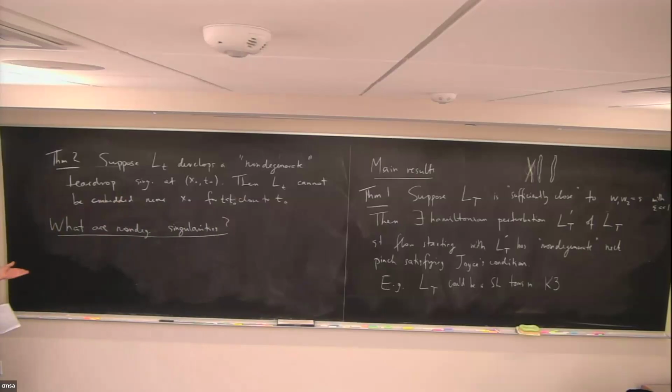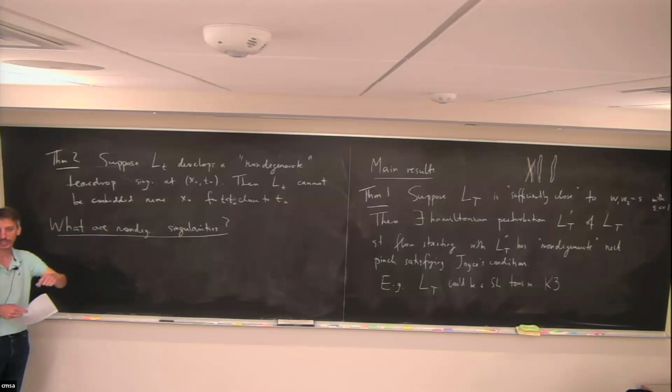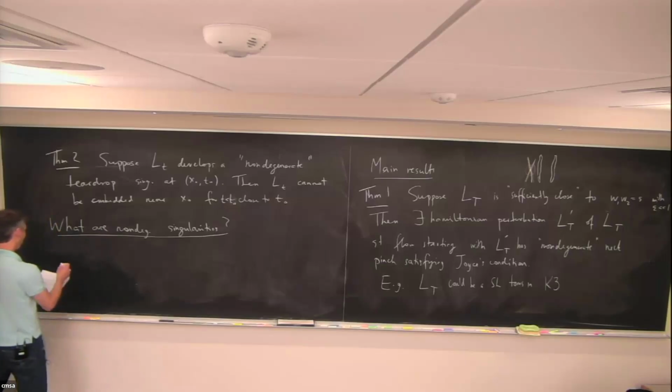The key point is that this tangent fluid that we defined is just the infinitesimal behavior of your fluid. It's the first order behavior of the fluid. To see non-degeneracy, you need the next term in the Taylor expansion, if you want. You need to go to the next level of approximation.